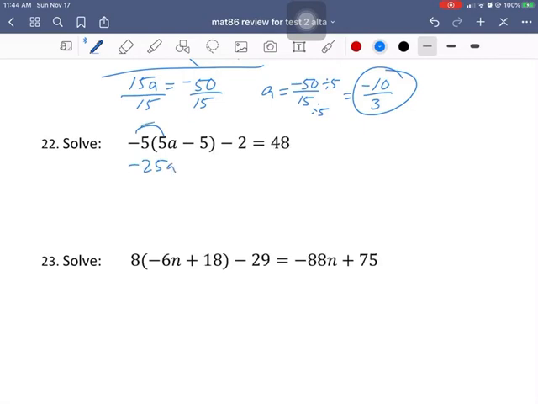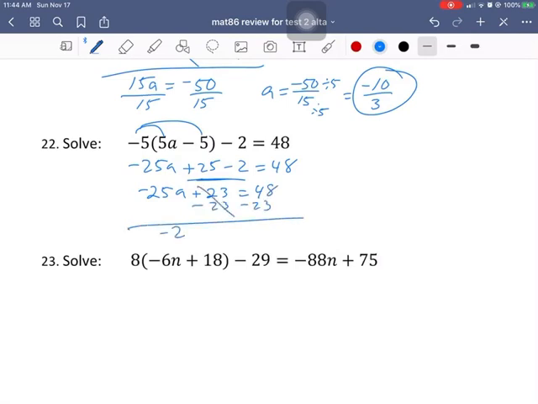Distribute. Negative 25a, positive 25 minus 2 equals 48. Order of operations for an equation says to do this next. Negative 25a, combine like terms. 23 equals 48. Move the 23 over.